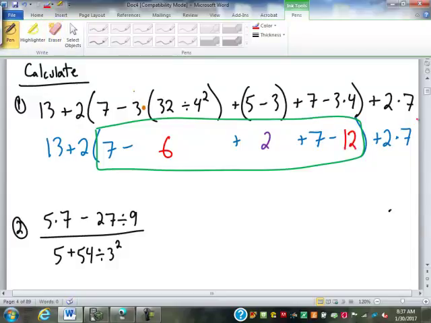So next it is addition and subtraction. So again, we're moving left to right. 7 minus 6 is 1. 1 plus 2 is 3. 3 plus 7 is 10. And 10 minus 12 is negative 2.